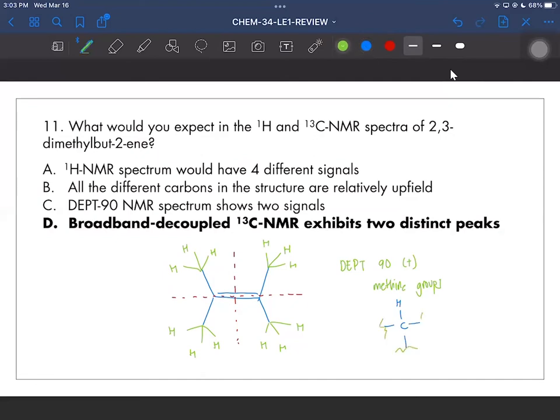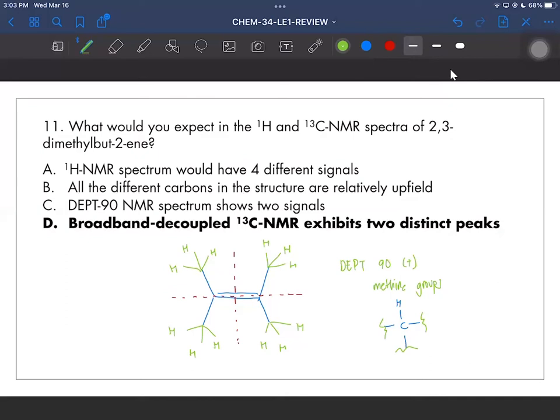So we only have a CH group. And if we verify the structure of our compound, it does not have a methine group. And therefore, it would not have shown a signal in its DEPT-90 spectrum. So letter C is false.